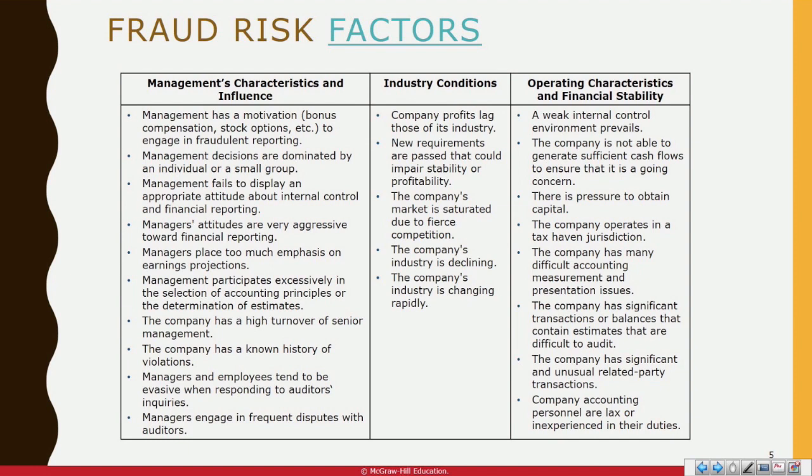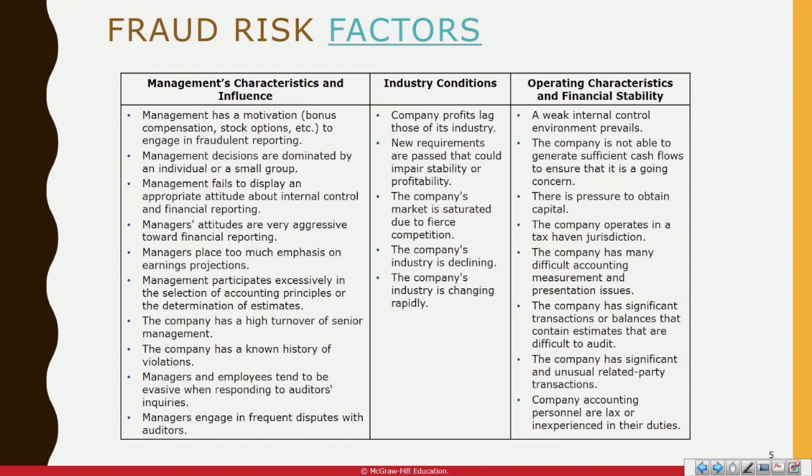So these things are all connected, right? So they're gathering that information. So some of the management characteristics influence fraud risk factors, and I want to make this clear. It's not like, oh, management has stock options, so therefore they're probably committing fraud. No. Or therefore there's a high risk of fraud.